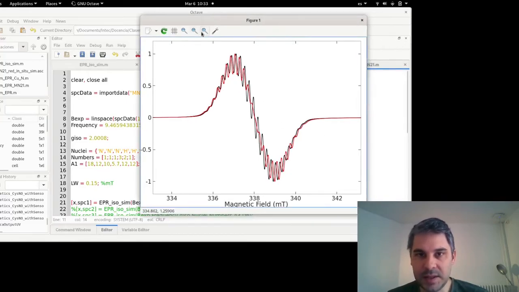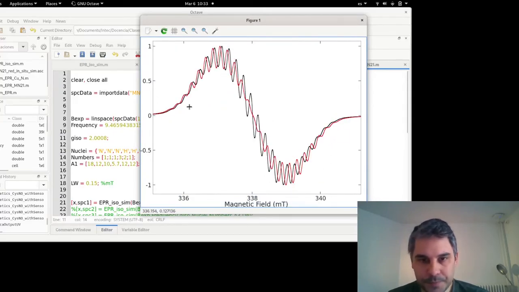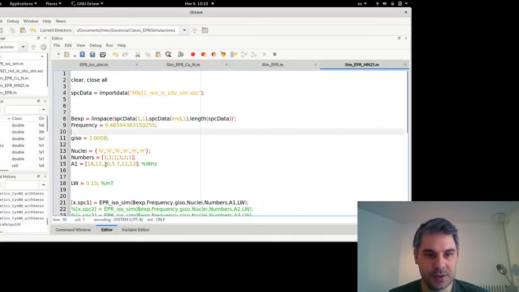So we see that our experimental spectrum is slightly narrower than our simulated spectrum. So that means that we have to decrease a little bit some of the hyperfine splittings. Maybe what we can do is decrease some of these ones.